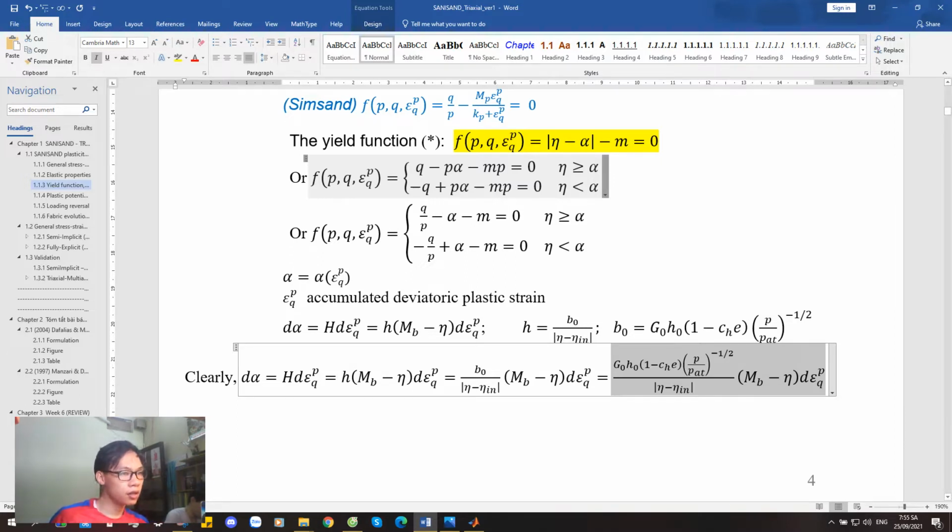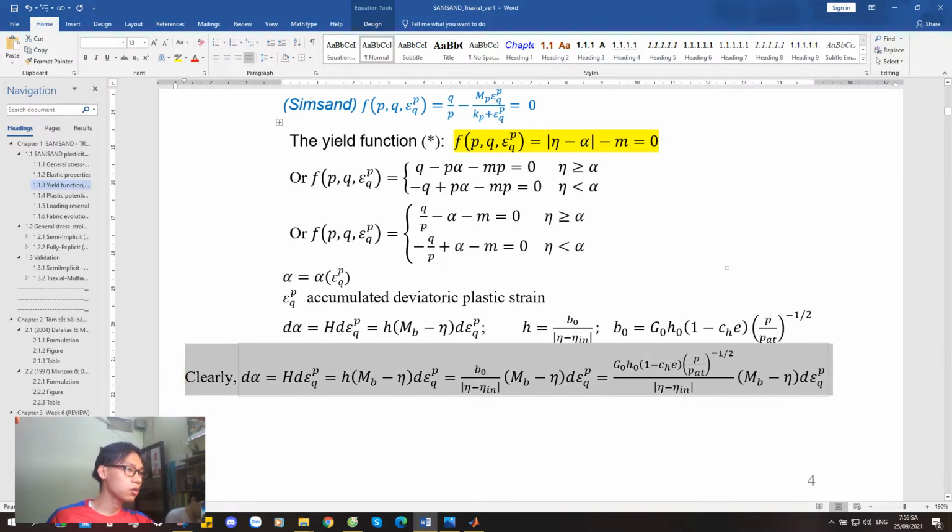So every time it changes, you can see that it will grow up and just go to the MP. So this descent is totally the same as the Simpson. It can catch, and the loading surface will move forward to the MP and stop there. Okay, and MP will move to the critical state line and stop at that time.